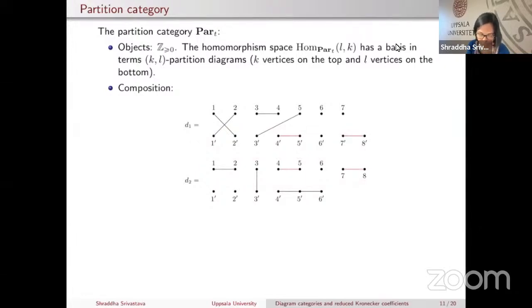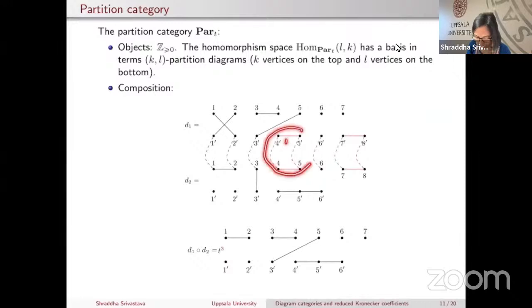We put D1 on top of D2, identify vertices in the middle, and follow the path, and things which lie in the middle give the exponent of T. So let's complete the example. We identify things in the middle and follow the path, and we end up getting a diagram. There are 3 things which lie completely in the middle, and so we get T to the power 3. This is the composition of two diagram morphisms in the partition category.